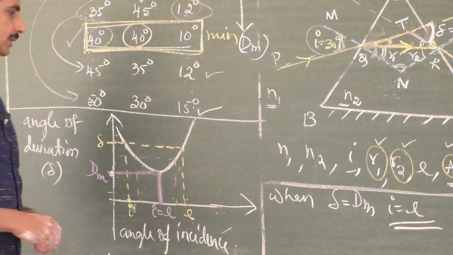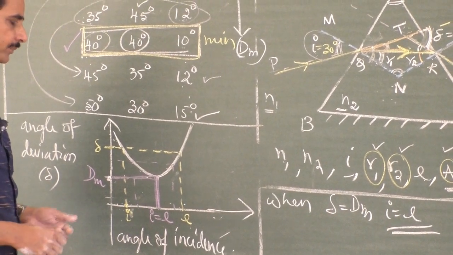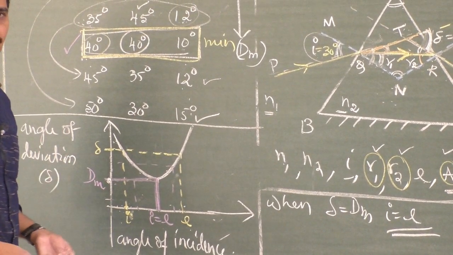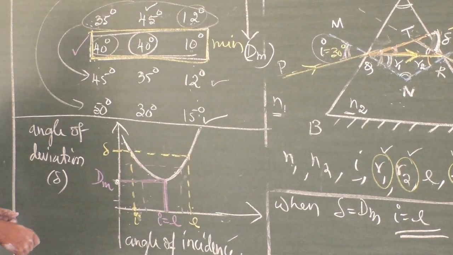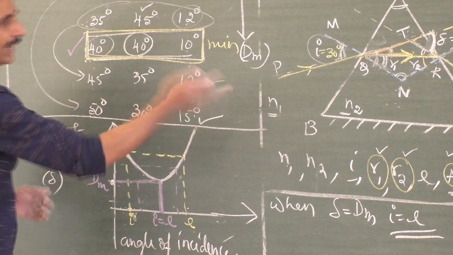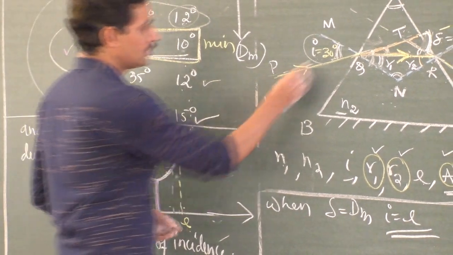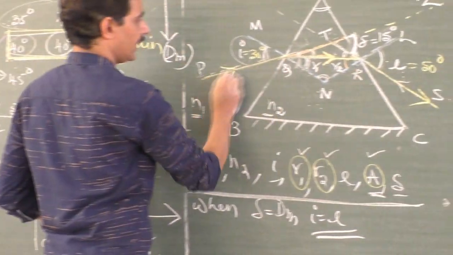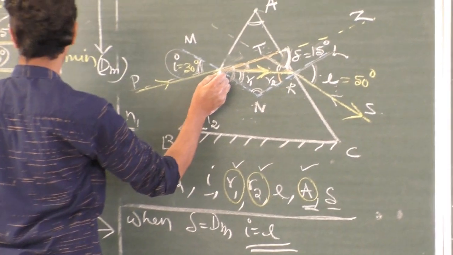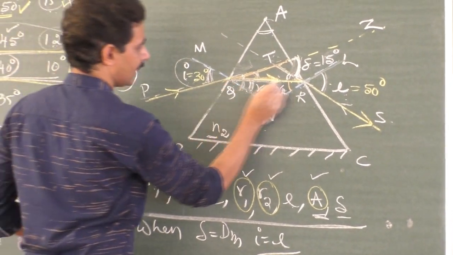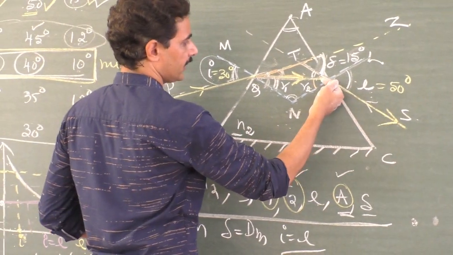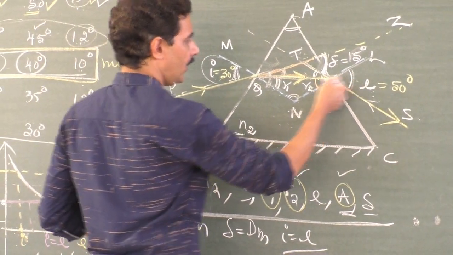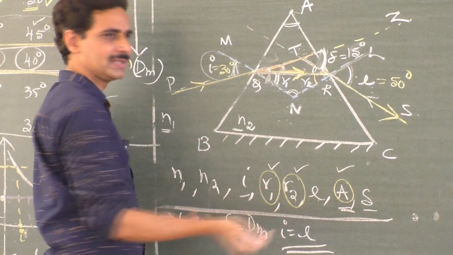When delta is equal to dm, the angle of incidence is equal to the angle of emergence. And remember, if you go back to the diagram, if these two are the same, if a ray of light is put at 40 degrees here, what angle of refraction do you get here? It should be the same.